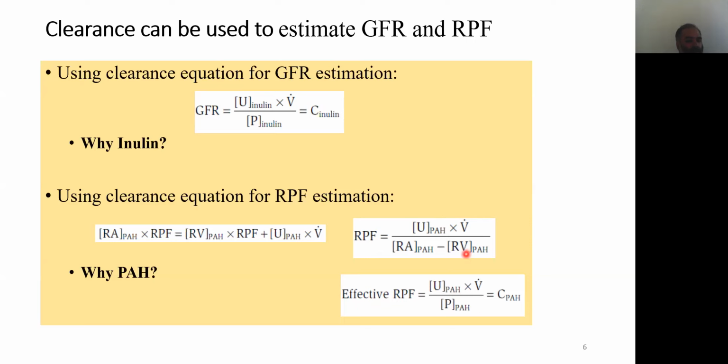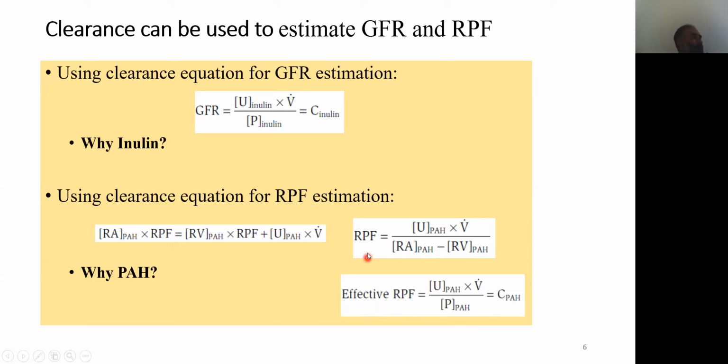You see that there is no venous PAH here, because here the extraction ratio is so high that peritubular veins do not have maybe a minute amount of PAH which you can easily neglect. So here you may only have the plasma PAH, just like a simple clearance formula. So effective renal plasma flow can be derived by running a simple clearance equation of PAH, and you will get effective renal plasma flow.